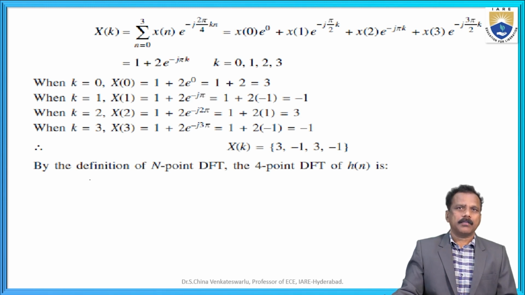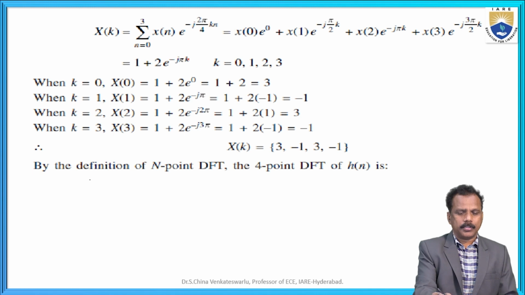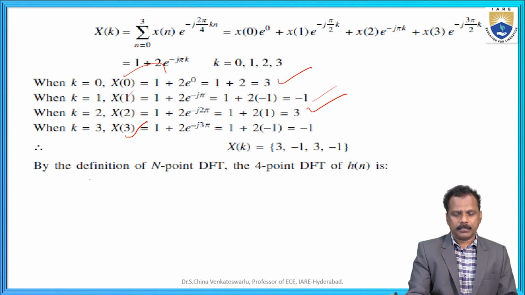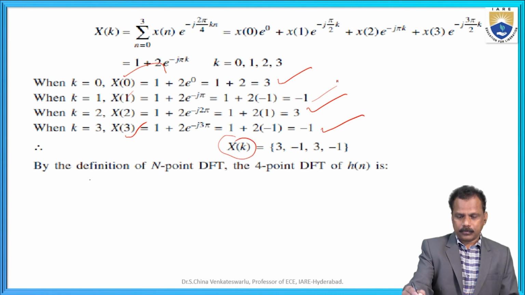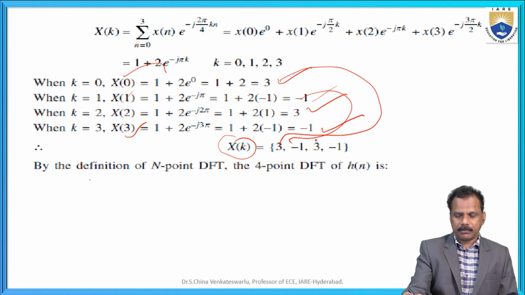Like this, when k equal to 0, it is 3. When k equal to 1, minus 1. When k equal to 2, 3. When k equal to 3, minus 1. Therefore, x of k is equal to 3, minus 1, 3, minus 1.